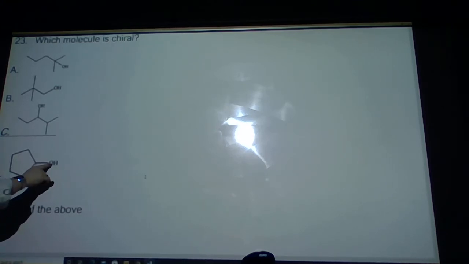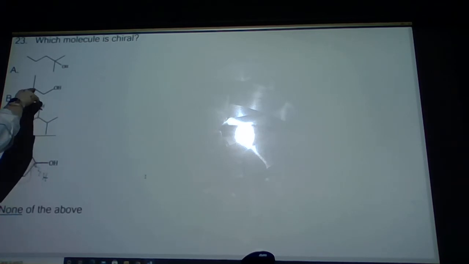This carbon has an oxygen, a hydrogen, but CH2, CH2. We go one further, CH2, one further, CH2. This carbon has 2 identical things attached to it. This and that. Those are looked at as identical. That carbon is not chiral. This carbon has CH3, CH3.